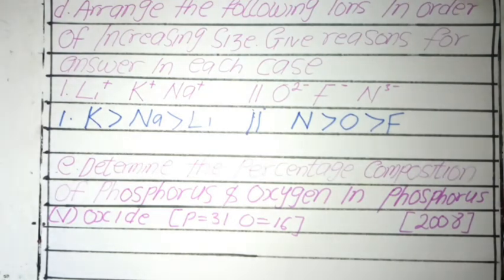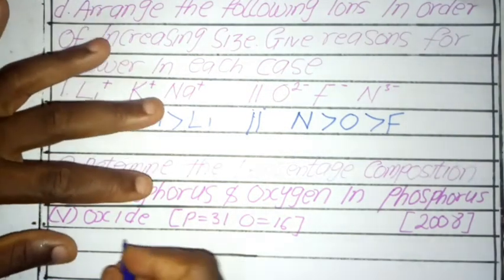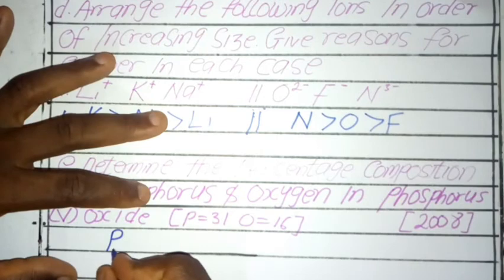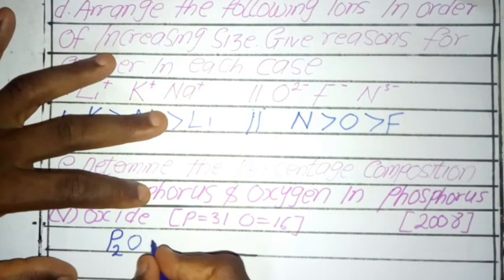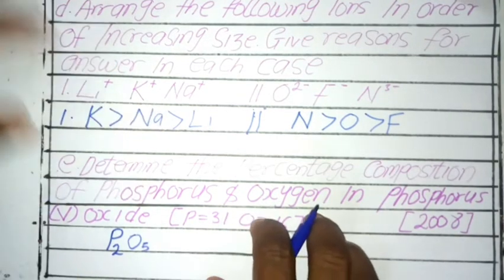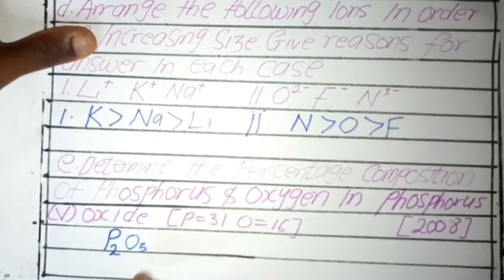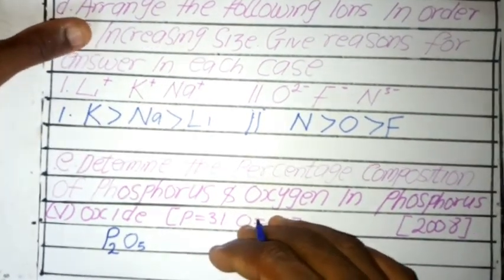So we are looking for the percentage composition of oxygen and phosphorus in phosphorus(V) oxide. First of all, you have to know the formula. You have to write out the formula of phosphorus(V) oxide. So this is phosphorus(V) oxide, P2O5.